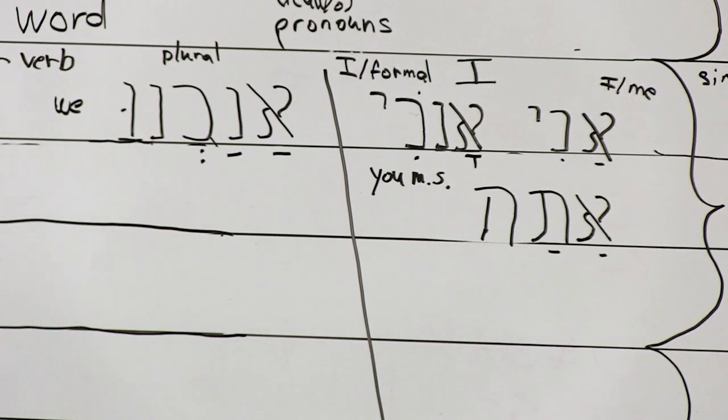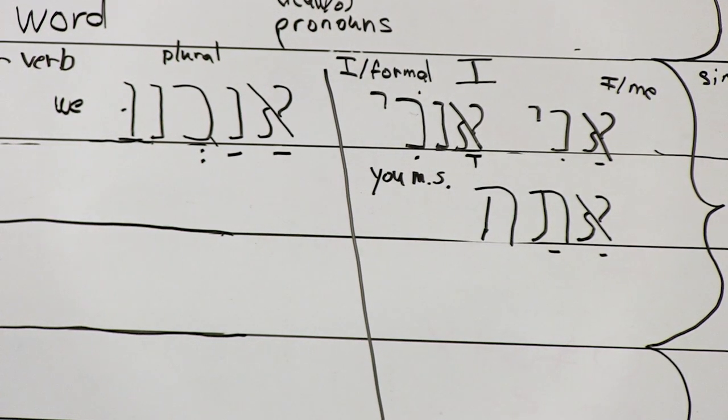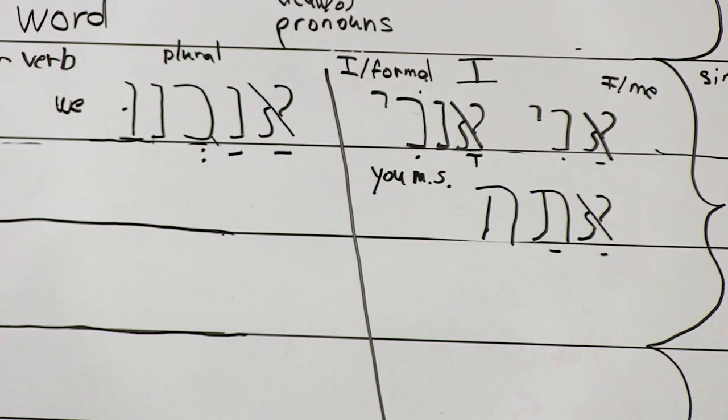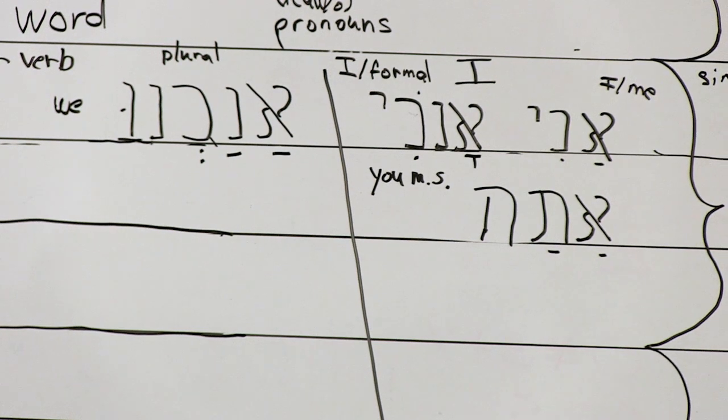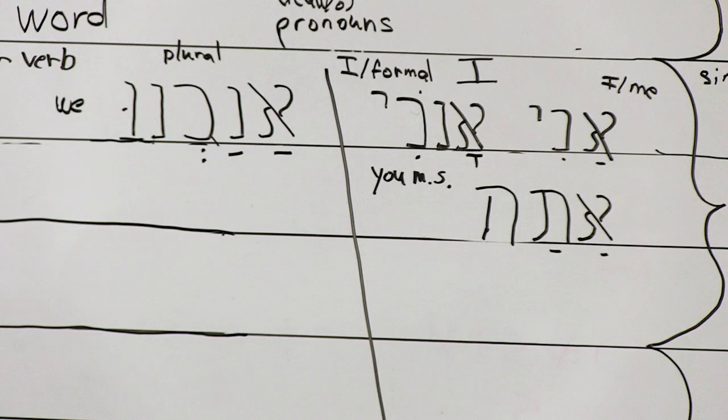No, you can just remember this. So ata is you, masculine, singular. Right. I'm just writing down the letters. Okay, you can write down the letters. That's really all you need because the vowel sounds are written out in the Hebrew, right? In the text. You don't have to remember the vowel sounds.